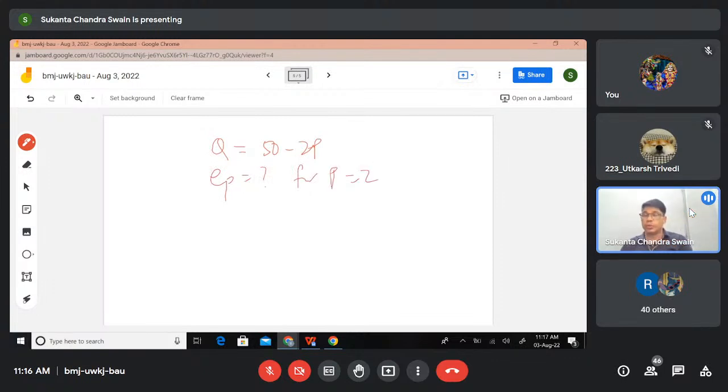Can you solve this using any of the formulae that we have discussed so far? Data is given in equation form, Q is 50 minus 2p. EP you have to find for P equal to 2.